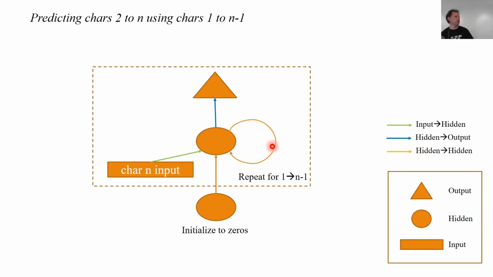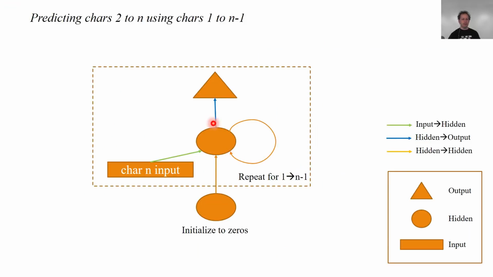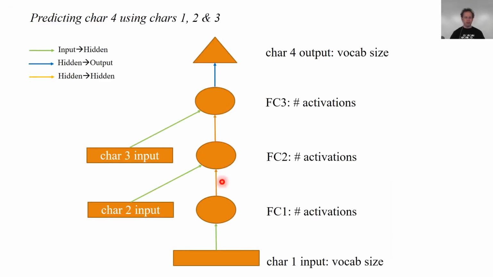Now that's a big difference, because what I've actually done is say spit out an output after every one of these circles. So spit out an output here, and here, and here. In other words, if I have a 3-character input, I'm going to spit out a 3-character output. After character 1, this will be next. After character 2, this will be next. After character 3, this will be next.